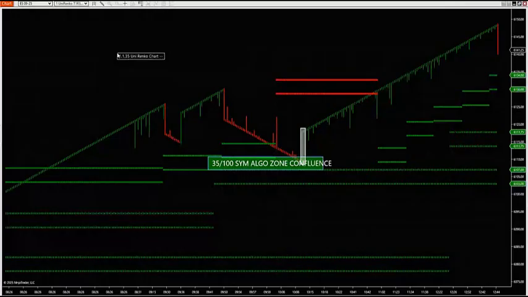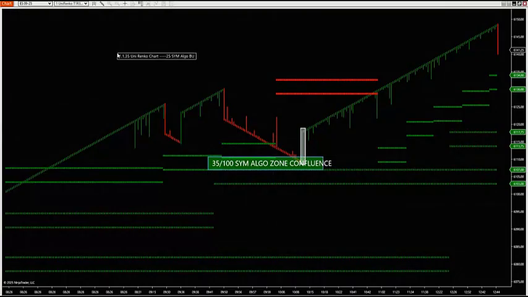And then we'd like to do a 25 buy zone, a 25 Sim algo buy zone, buy or sell zones. And then we'd like to do, for the trend, to keep our mind right, we like to do a 100 Uni trend.